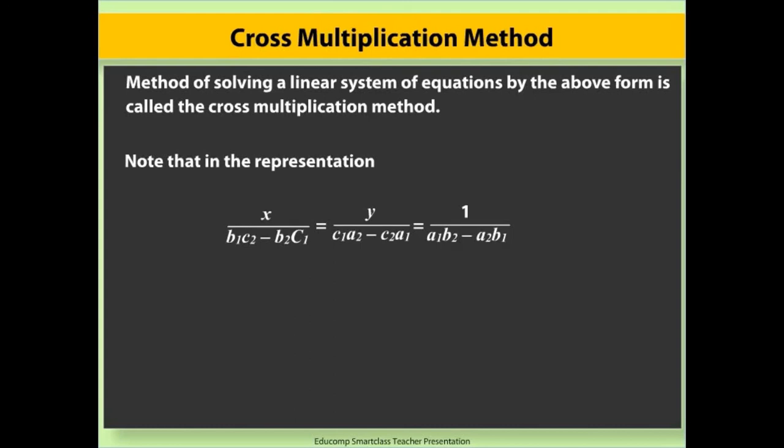Note that in the representation x upon (b1c2 - b2c1) = y upon (c1a2 - c2a1) = 1 upon (a1b2 - a2b1), b1c2 - b2c1 = c1a2 - c2a1 may be equal to 0, but a1b2 - a2b1 is not equal to 0.